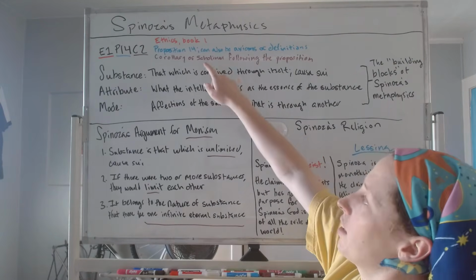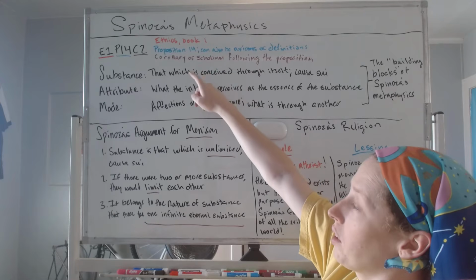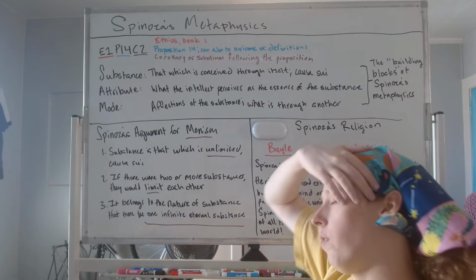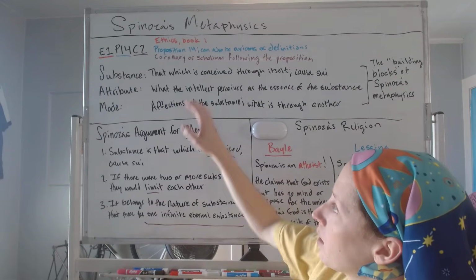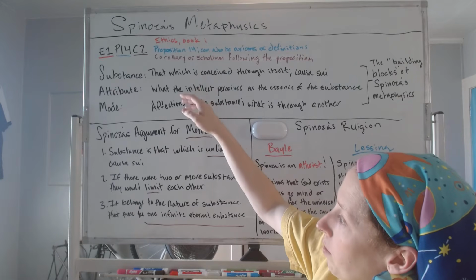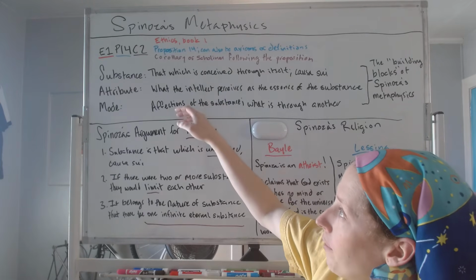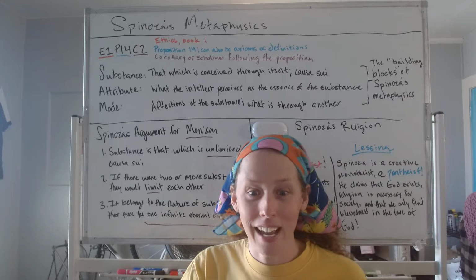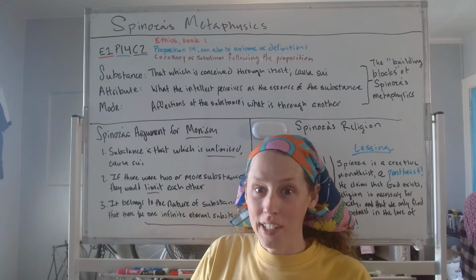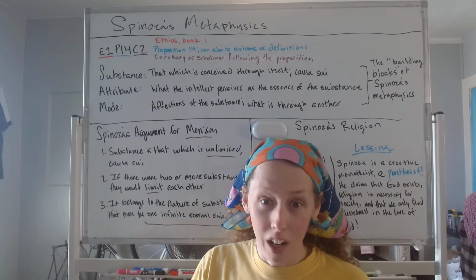So the E just means that the person is referring to the book that we're reading together, the Ethics. And the number immediately following the E specifies whether what we're looking at is book 1, book 2, book 3, book 4, or book 5 of the Ethics. The Ethics basically has 5 chapters. This is you stating what chapter it is that you are talking about.